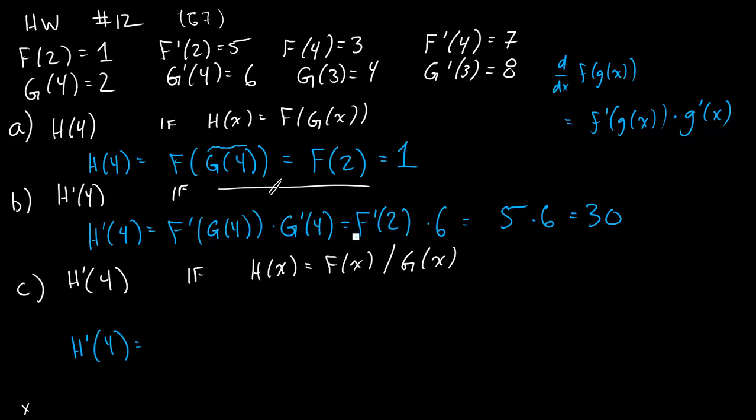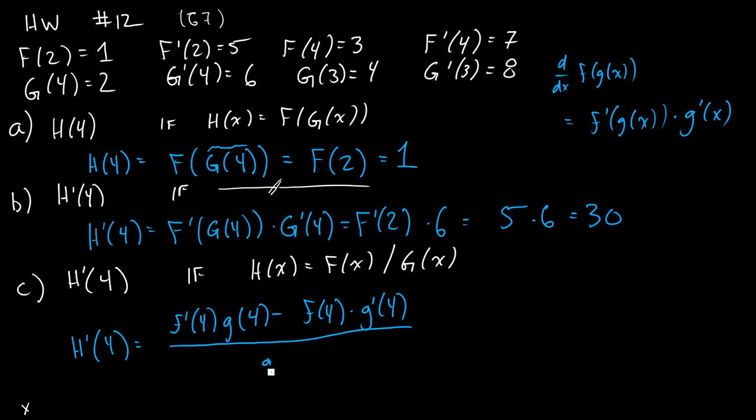If you go back up to those slides, you'll see that taking the derivative of a quotient, you get f prime of 4 times g of 4, not x, g of 4, and then minus f of 4 times g prime of 4. The bottom comes second, and then this is all divided by g of 4, that whole quantity squared.